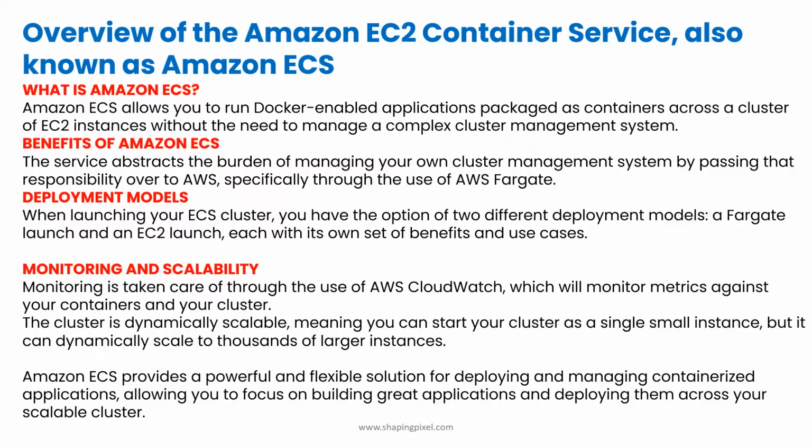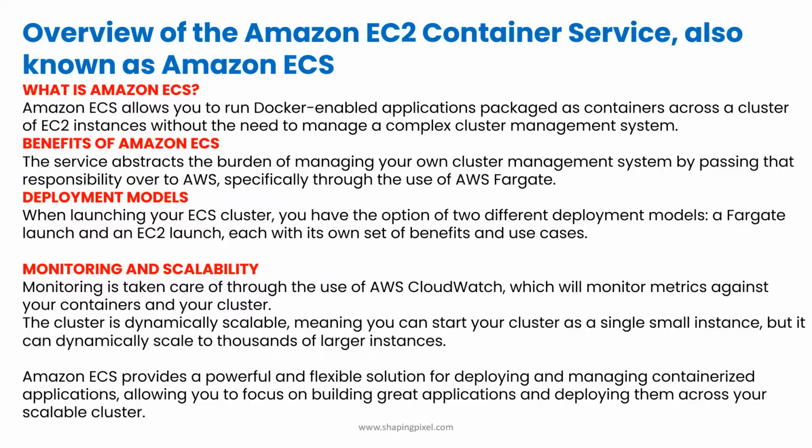When launching your ECS cluster, you have the option of two different deployment models, a Fargate launch and an EC2 launch, each with its own set of benefits and use cases. Monitoring is taken care of through the use of AWS CloudWatch, which will monitor metrics against your containers and your cluster.